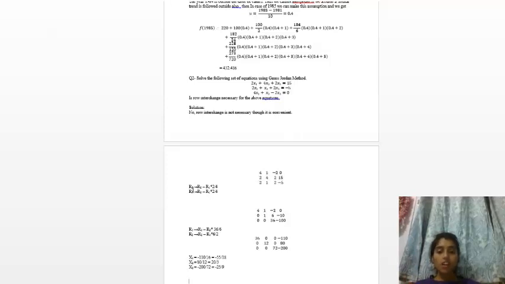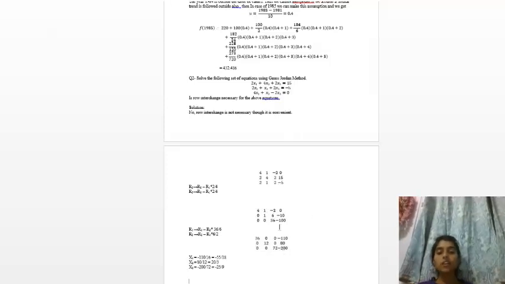So we apply on R2, R2 minus R1 into 2 by 4, and on R3 we apply R3 minus R1 into 2 by 4. On applying this formula, we get the values in row 2 and row 3 as 0. Similarly, on applying similar formulas on the other terms, we get all the off-diagonal terms as 0.